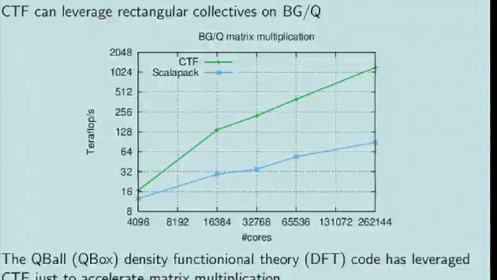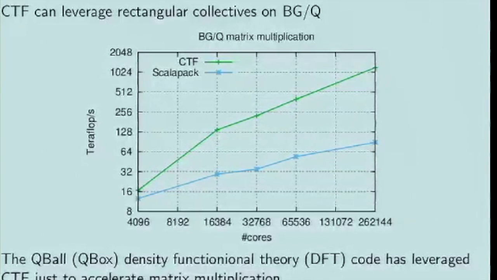Okay, now to highlight the benefit of doing these searches over the topology, over partitions, and actually exploiting physical topologies, let me just highlight a matrix multiplication result that we've achieved on the BlueGene/Q. With respect to ScaLAPACK, by leveraging what are called rectangular collectives on the BlueGene, which are the fast broadcasts you can use when you use a regular subset of the processes that nicely matches the torus.